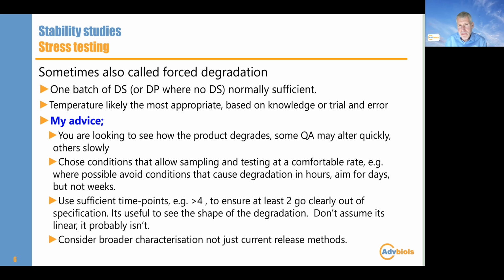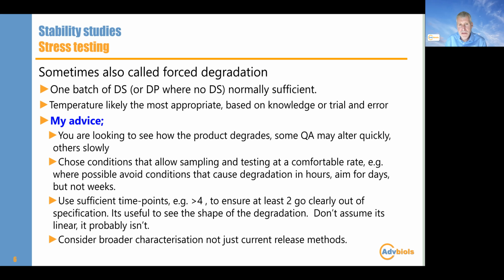And the crux, the real missing bit, is actually having sufficient time points that go completely out of specification. So there's no doubt that now the product's fully degraded. And quite often I see so-called stress studies that actually don't reach a point where any of the parameters go out of specification.